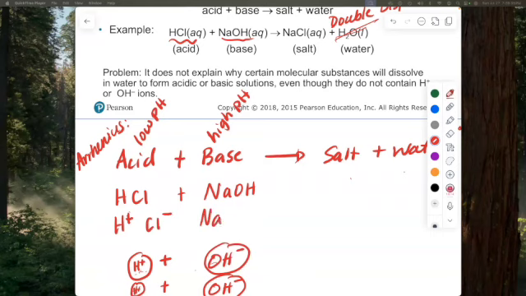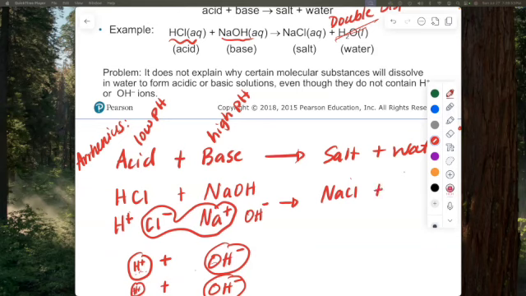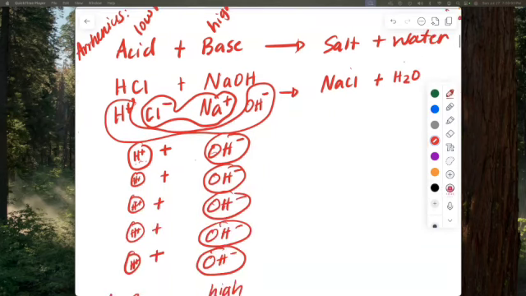Then you have Na positive ion and then OH minus ion. So you have the sodium ion going after the chloride ion, right? This combines with this. And so that's how we get the salt, NaCl. And over here, you have the hydrogen ion and the hydroxide ion combining like that. So we get the H2O like that. Okay?